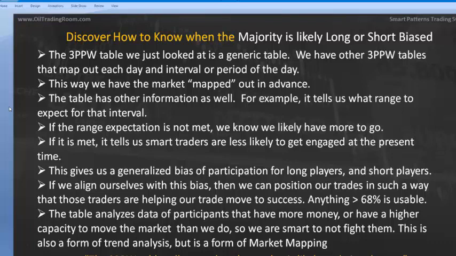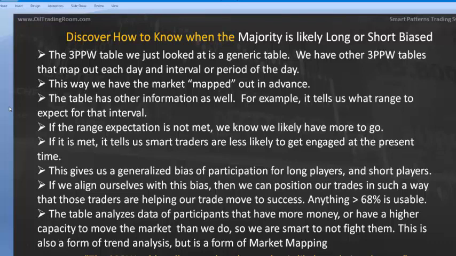So smart traders know that the market has more to go, and that means that that particular group of traders is trading, say, to the long side. They're more likely to get engaged in that market action if there's still remaining opportunity in it.